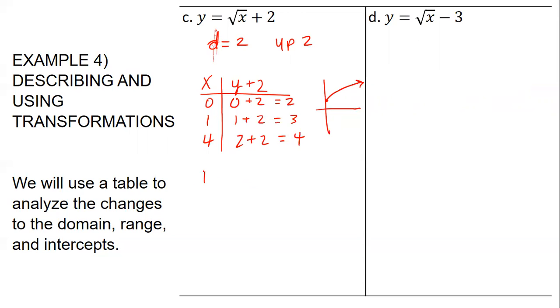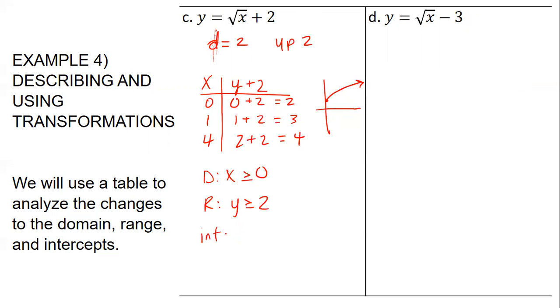So what is the domain of this function? Did it change? Nope, because I didn't make any changes to my x's. What is the range of this function? Did it change? Yeah, it changed, right? What is my range now? Perfect. Y is now greater than or equal to 2. And did my intercepts change?